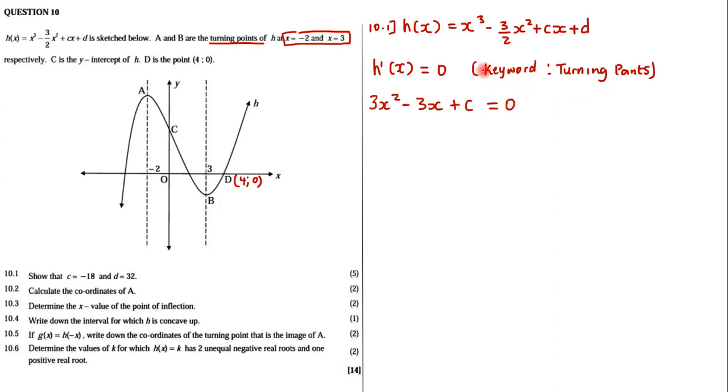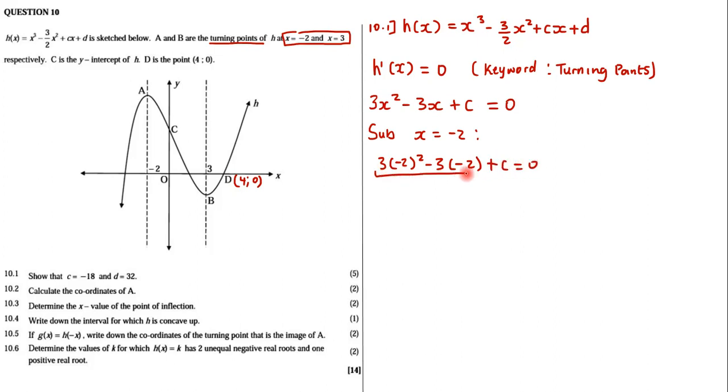We know that this will end up having one of these x values, so what we do from here is sub in one of those values. In this case, I'm just going to sub in x equals minus 2. So I'll have 3 into minus 2 squared minus 3 into minus 2 plus c equals 0.